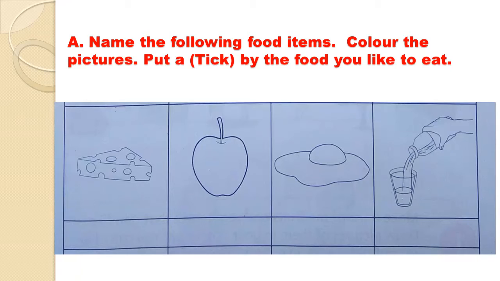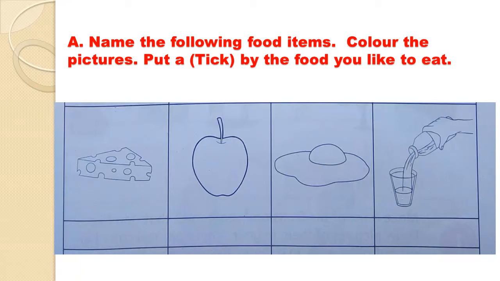And the next one is, what is this? Apple. And the color of apple is red. Good. The next one is, what is this? Can you tell me? Yes, this is an egg.